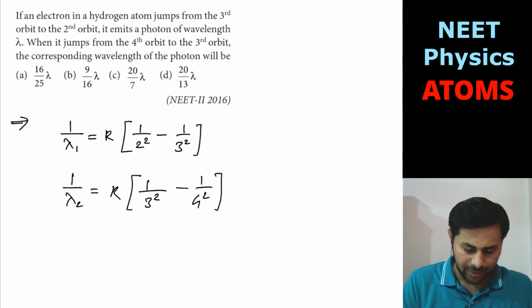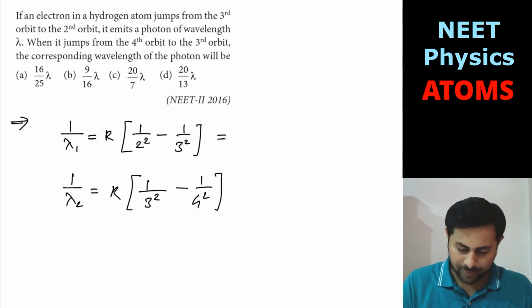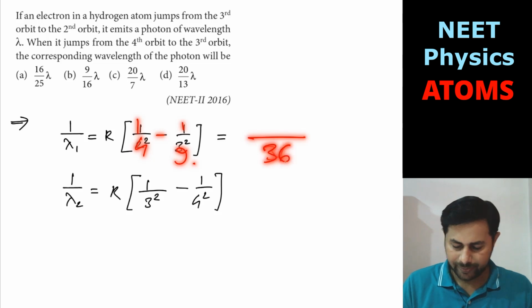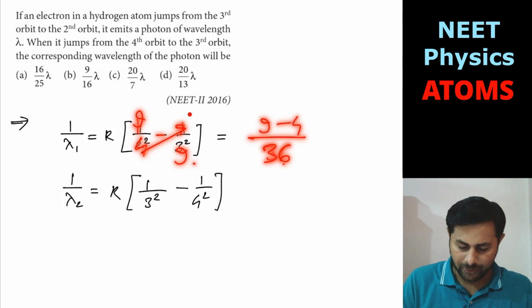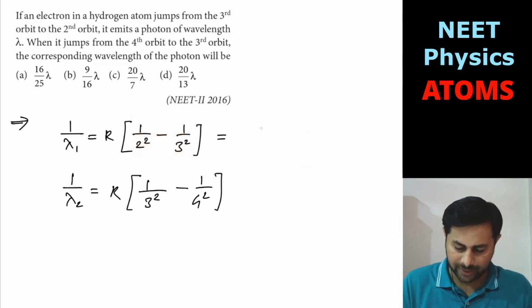This is equal to 1 by 4 minus 1 by 9. Okay, so that's 36, 9 times 4 is 36. Then 9 minus 4, right? That's 5 by 36, 5R by 36.